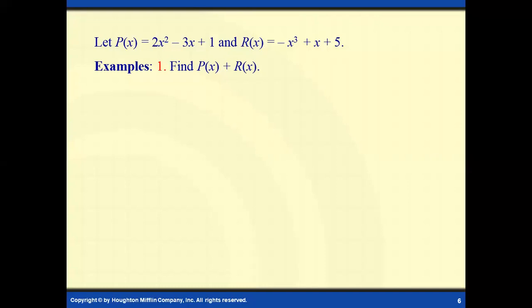Find A, P of x plus R of x. B, P of x minus R of x. And C, let us evaluate P of x minus 3 R of x.